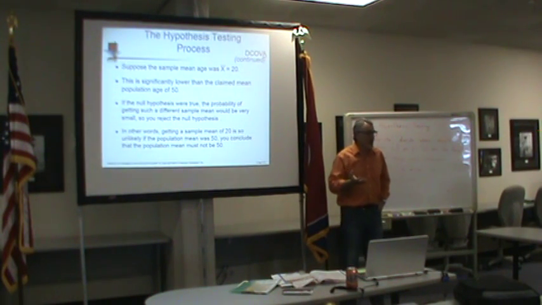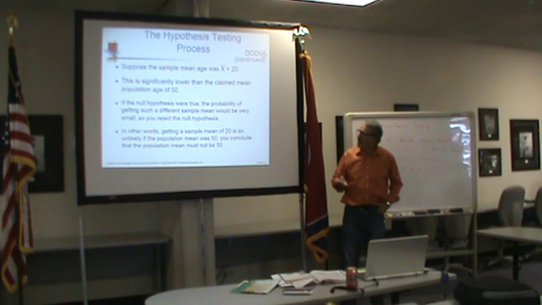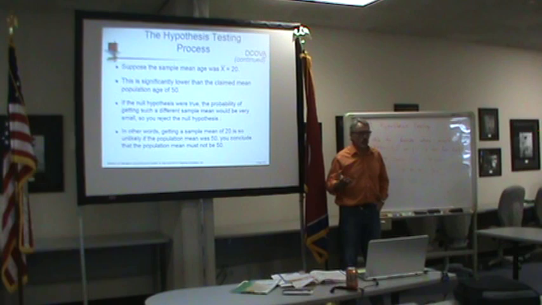Well, none of us in this room, given that sample, would think that the mean population age was 50, unless we had some reason to believe we really goofed up our sample, right? I mean, maybe if we had a whole town and went to the kindergarten and took our sample from there, we'd understand that, okay, that was dumb, that was bad.